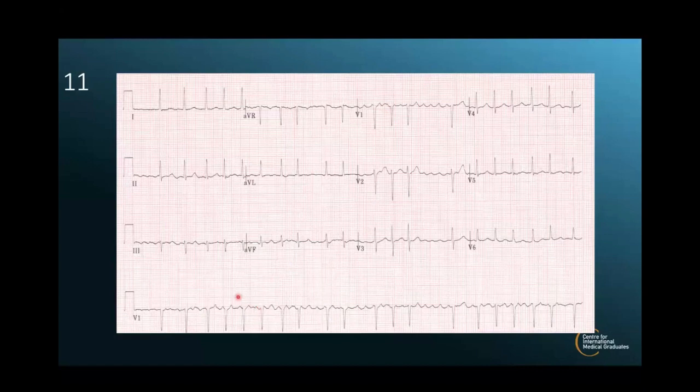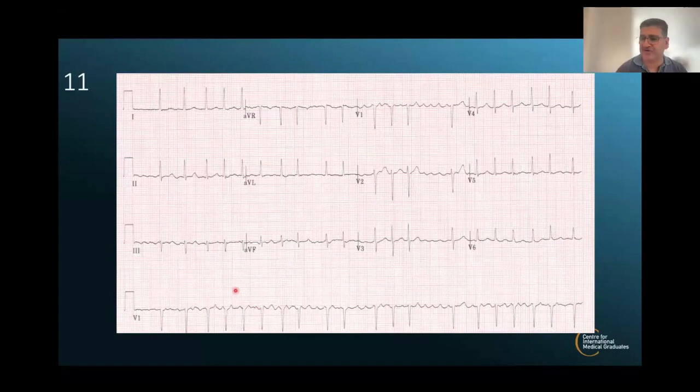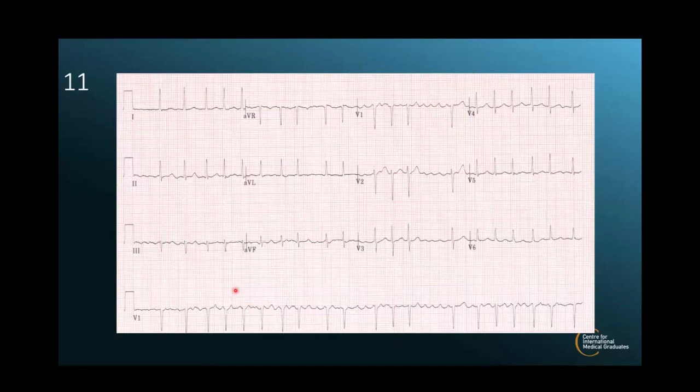So I can attempt. Yeah, what's your name? I'm Obina. Obina, go ahead. Okay, so for this patient, I can't identify the patient because it's not written here. Also, the paper speed isn't written, and the calibration isn't written as well.